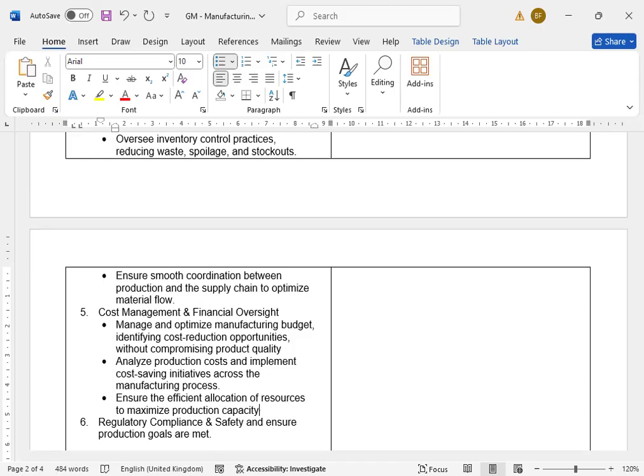And 24 hours, but effectively only 20 hours production per day, because you have some breaks. The people will have lunch break, dinner. But it's very important that you maximize the production capacity and maximize the profitability.